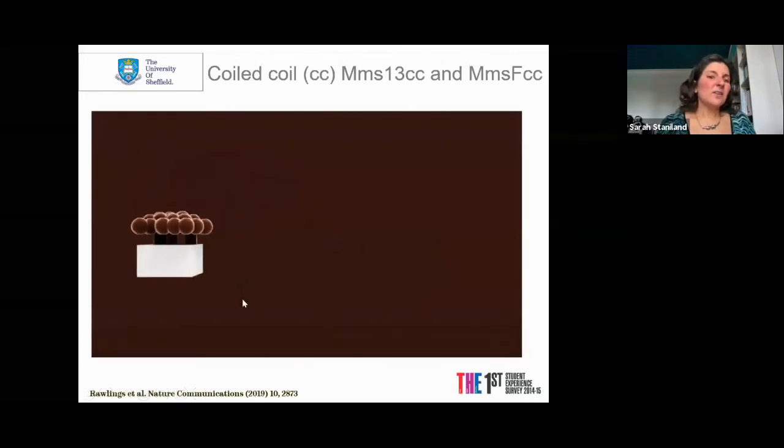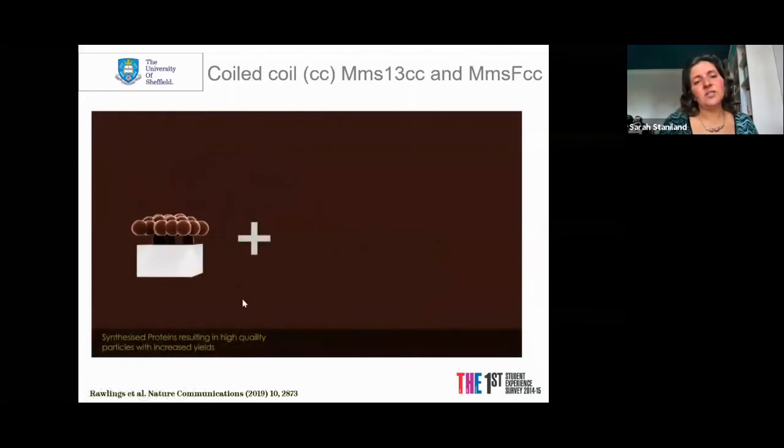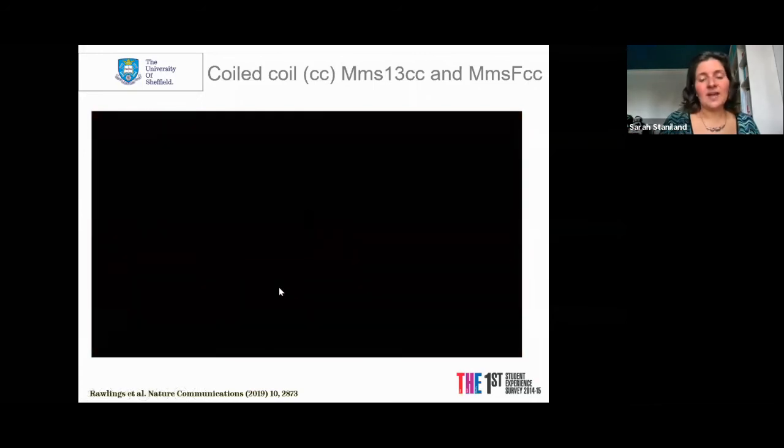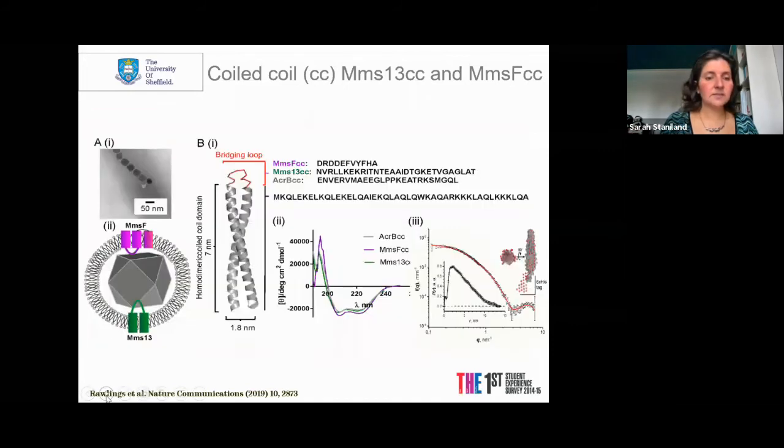We can maybe just get rid of that and display the active region on some sort of scaffold, and then we can use this newly artificial biomineralization protein to add that to a room temperature co-precipitation instead.